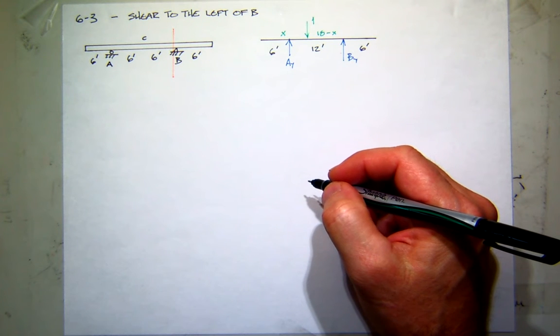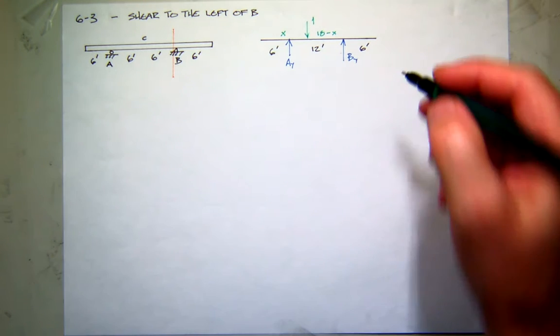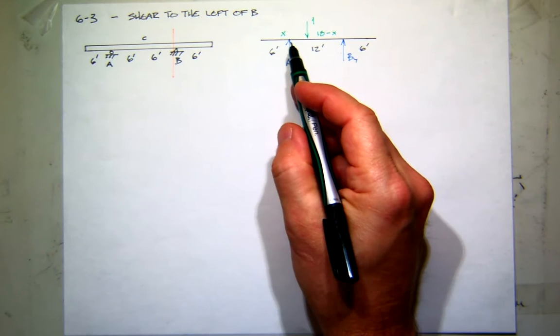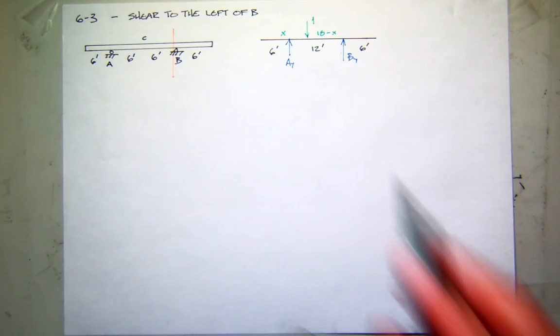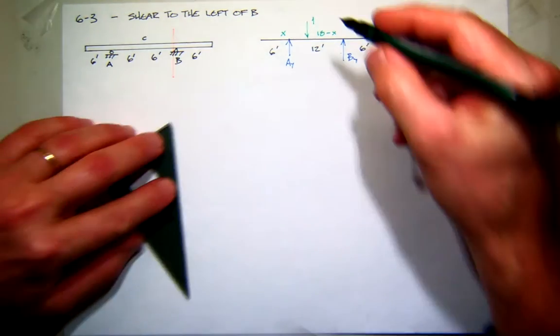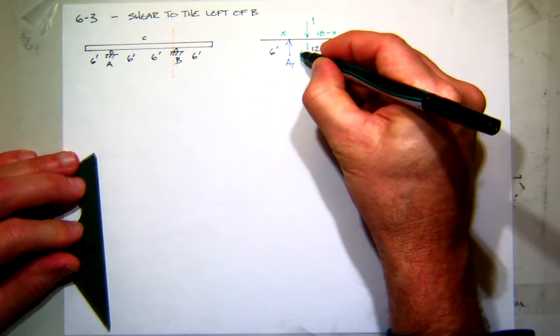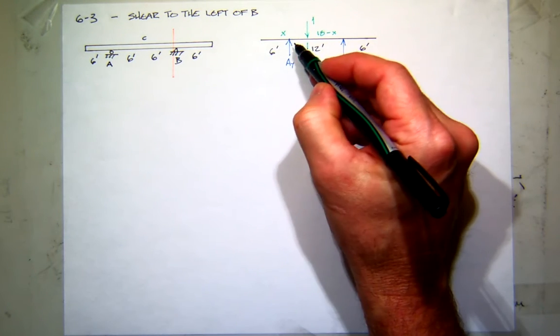See that? So now I'm going to sum moments at... Oh, I don't care about that. I'm trying to find BY, aren't I? So I'm going to sum moments at A. Okay, so I drew that incorrectly. So let's do this. What's this little distance right in here? 6. No. It's going to be x minus 6.